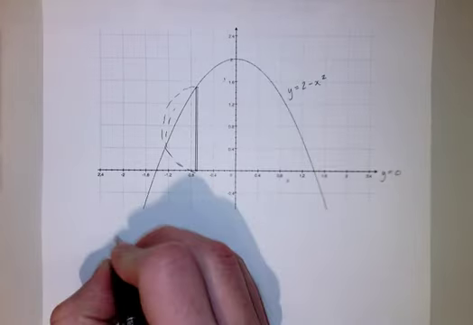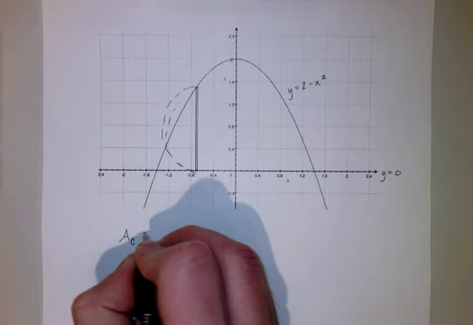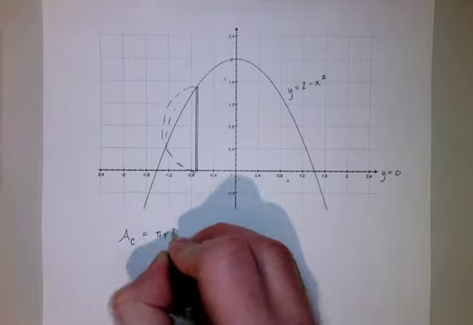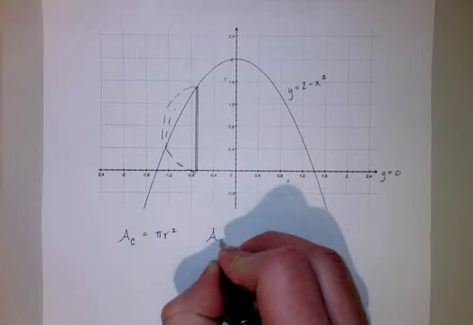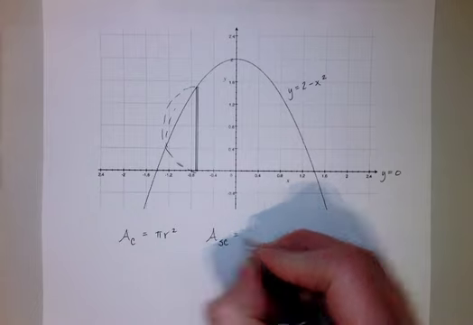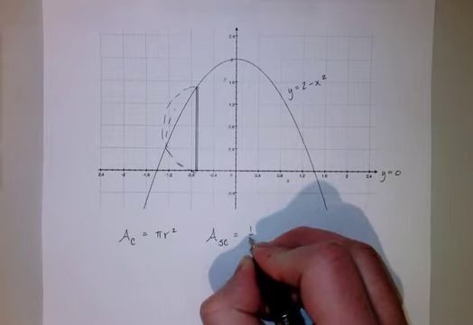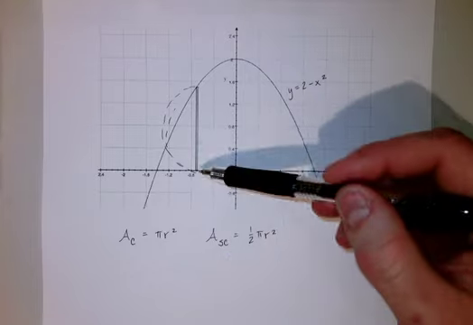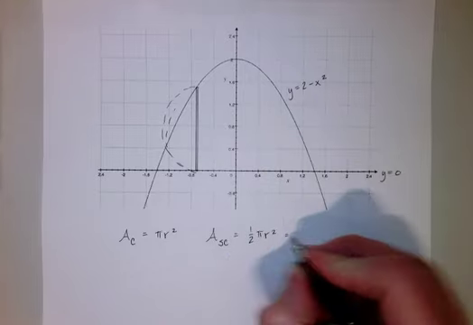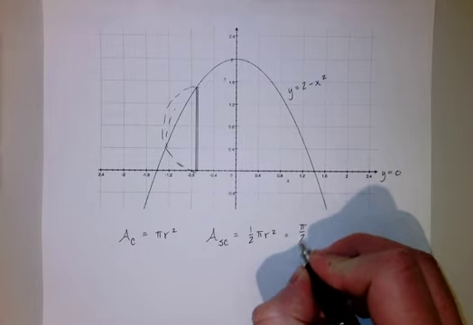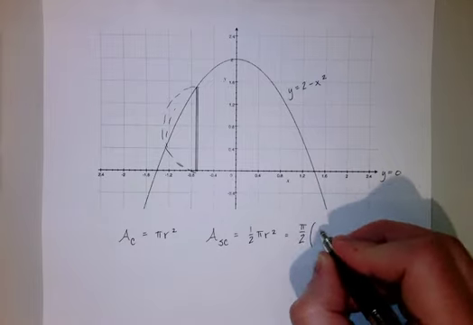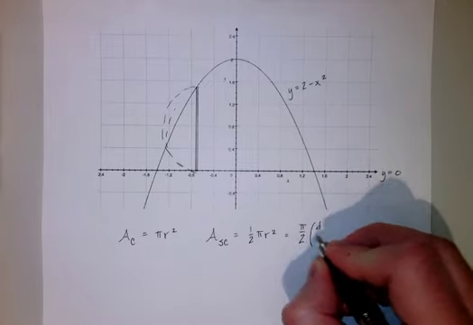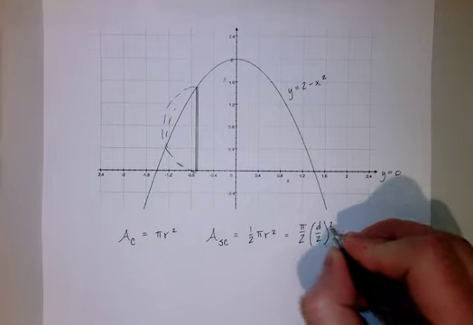We know that the area of a circle is pi r squared. The area of a semicircle is 1/2 pi r squared. But since that's not r, I'm going to have to substitute in, and let's combine the pi and the 1/2. The radius is diameter divided by 2.